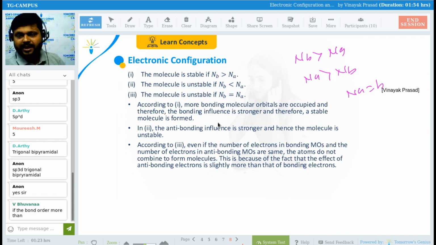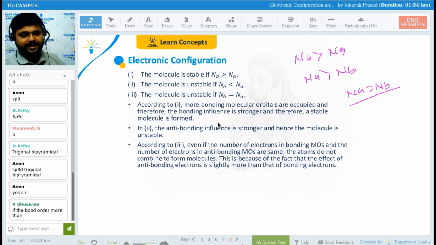If the electrons in the anti-bonding molecular orbitals and in the bonding molecular orbitals are the same in number, then the molecule will be unstable in nature.